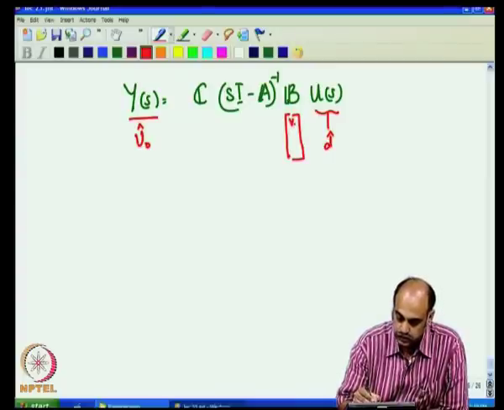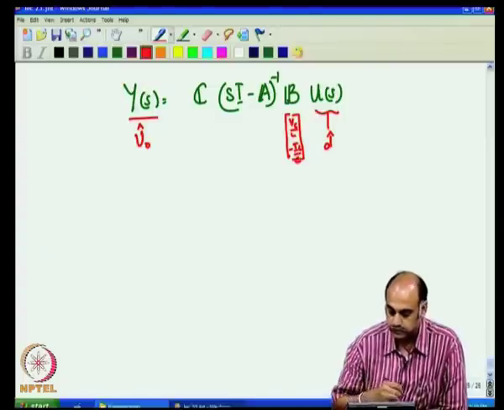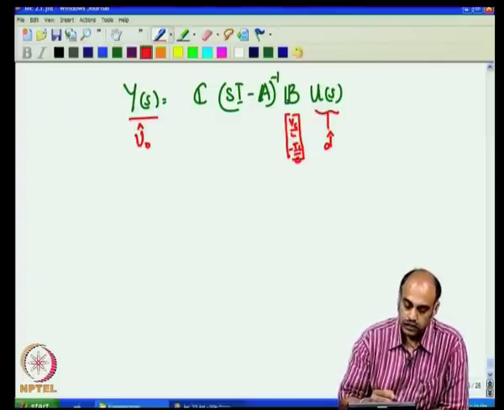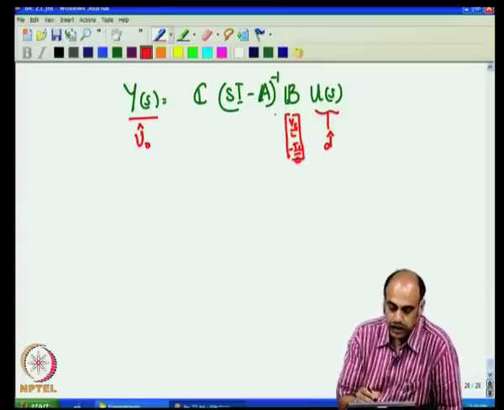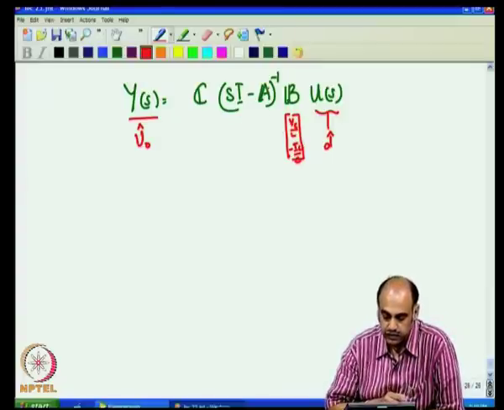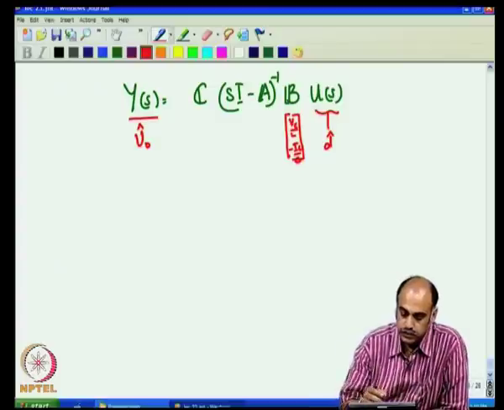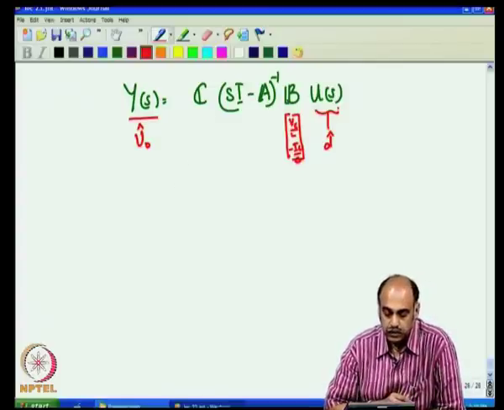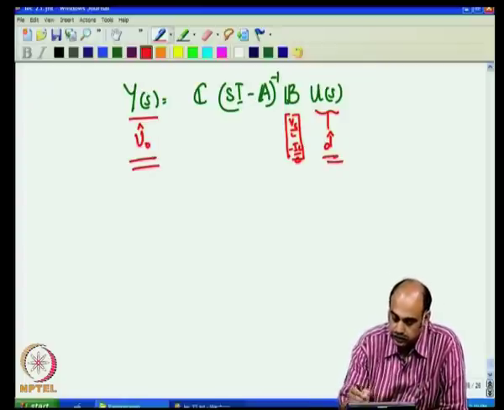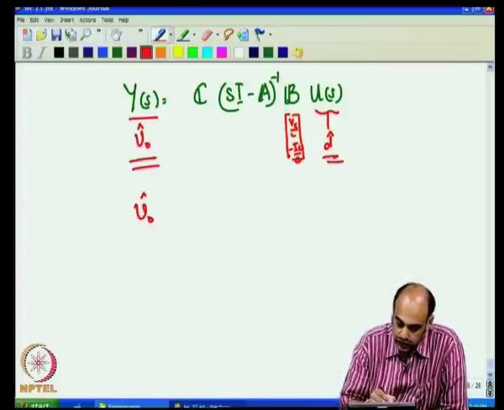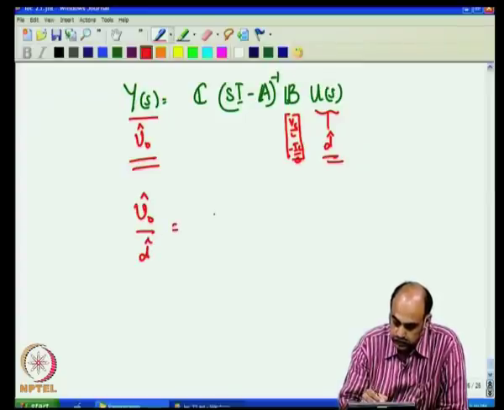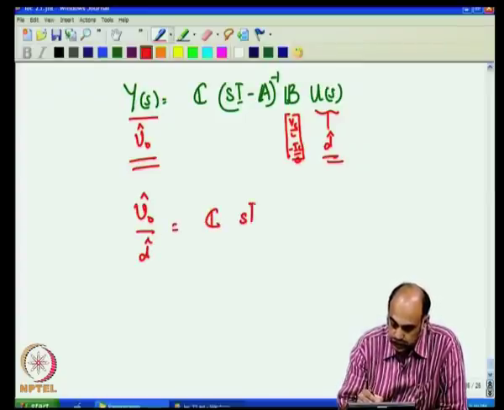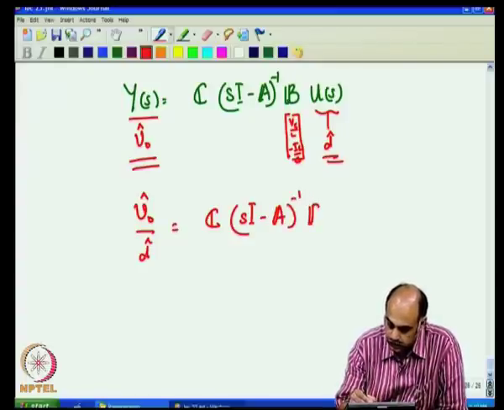So, that is Vc by L and minus IL by C. And (sI minus A) inverse is the A matrix which is the same for all inputs, and that can be operated upon to obtain the transfer relation between this and this, or V naught hat by D hat is equal to C (sI minus A) inverse B.